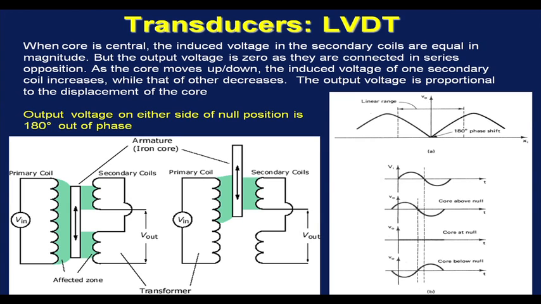As the core moves up or down, the induced voltage of one secondary coil increases while that of other decreases. The output voltage is proportional to the displacement of the core.